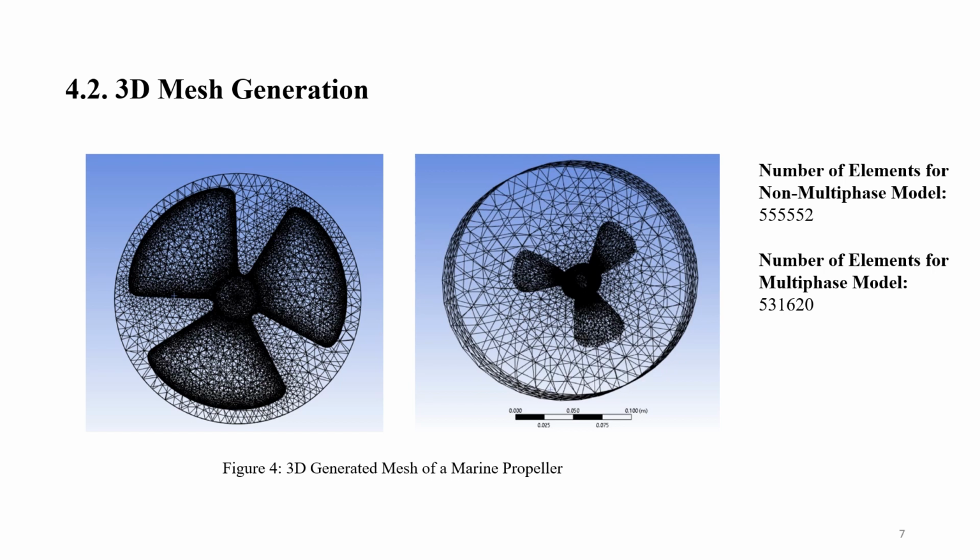The mesh comprises cells, a type of finite element commonly used in fluid dynamic simulations. The decision to use such cells is often driven by their flexibility in capturing complex geometries. In this case, the mesh is quite refined and contained a total of 531,620 elements.